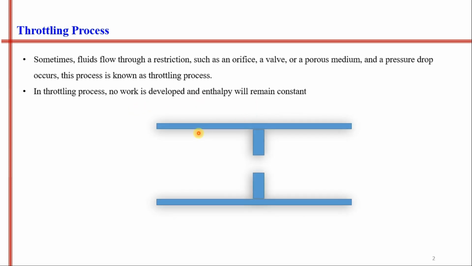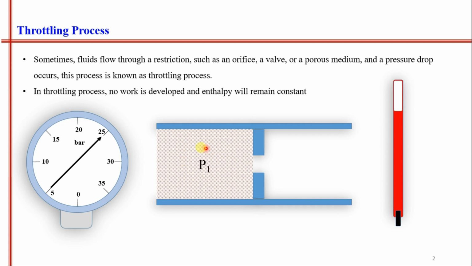Let's consider a restricted pipe with a flow of steam at pressure P1 and temperature T1. I have taken this pressure as an example, 25 bar. Initially the system has this much pressure and some temperature.